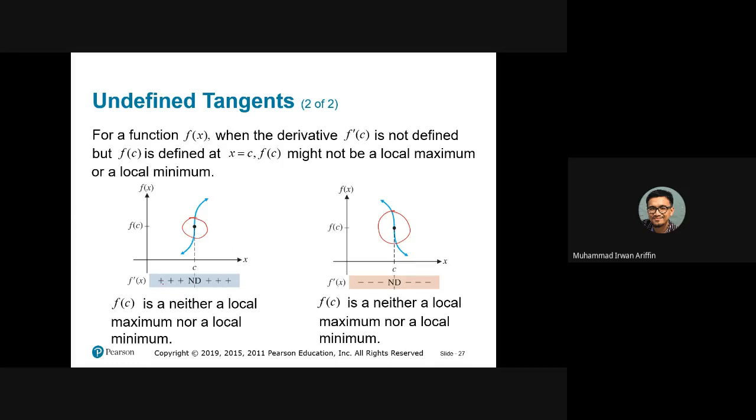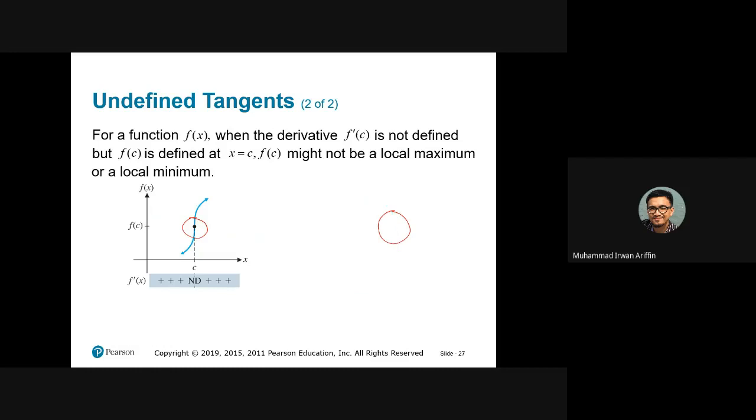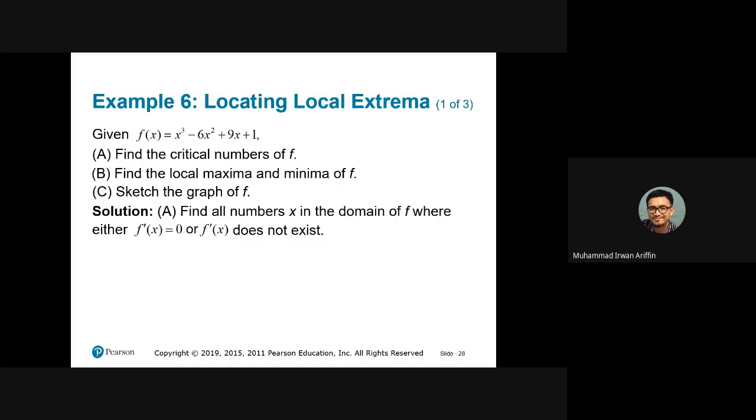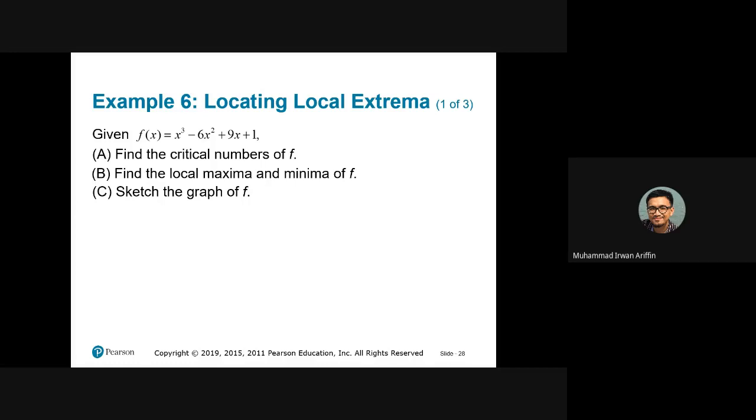When the sign does not change, surely that is not a local extremum. When the sign changes, from negative to positive or from positive to negative, it is either a maximum or a minimum. So let's have a look at this example.